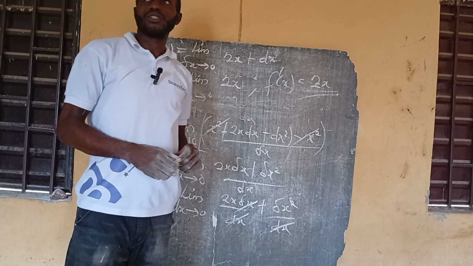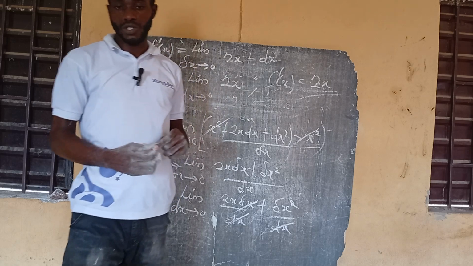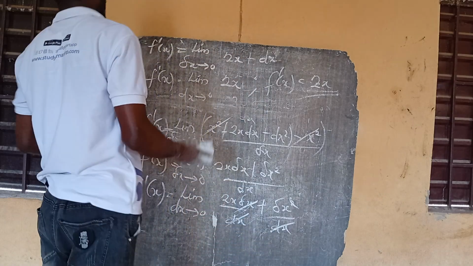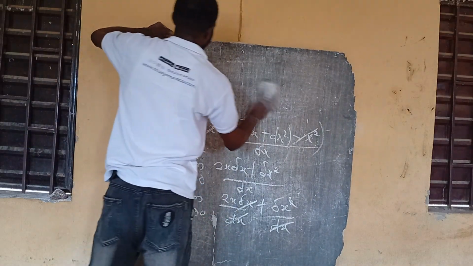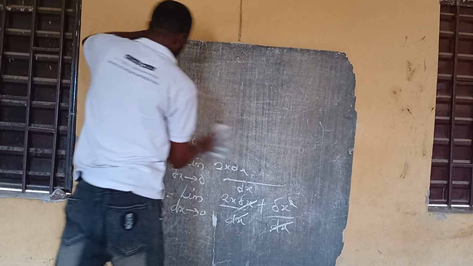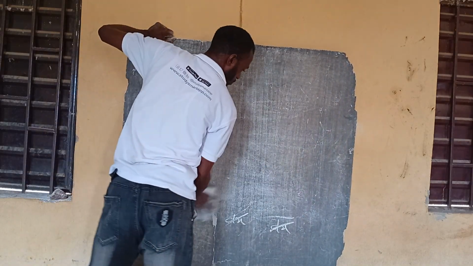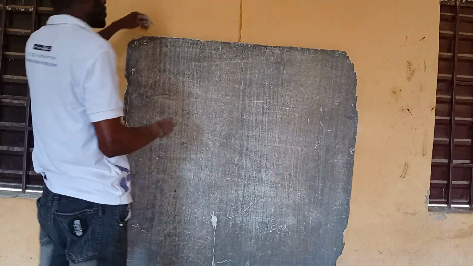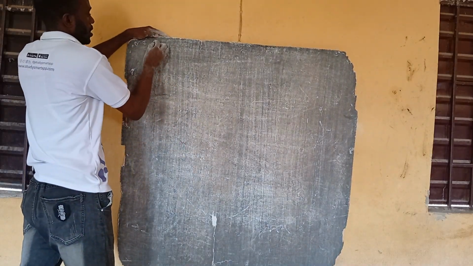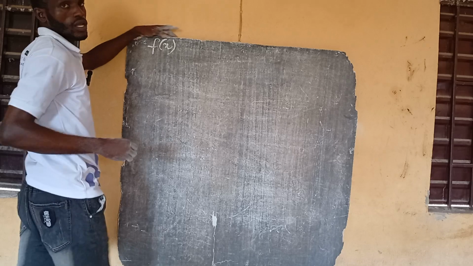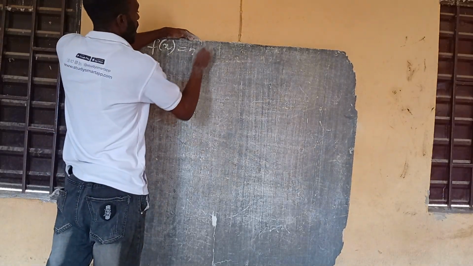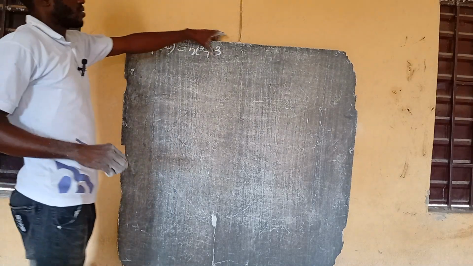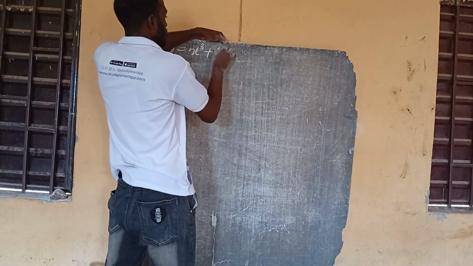Okay? Now, let's try one more function. So, let's say we are given y or f of x to be equal to x cubed plus 3 or plus 4, for example.